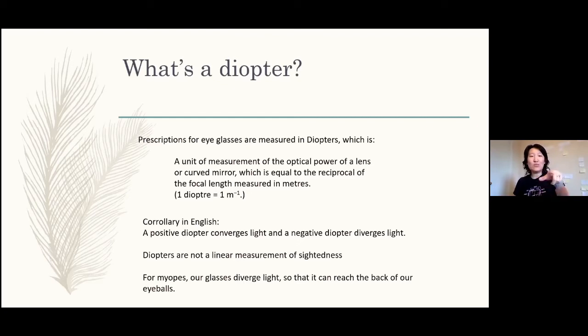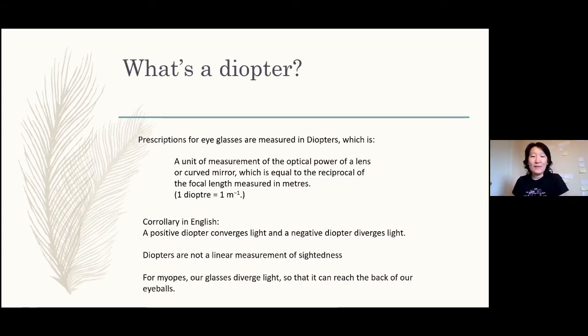Because one diopter is 1 meter to the power of -1, it's actually not a linear measurement of sightedness. So a person with -4 is not necessarily twice as nearsighted as a person with -2.